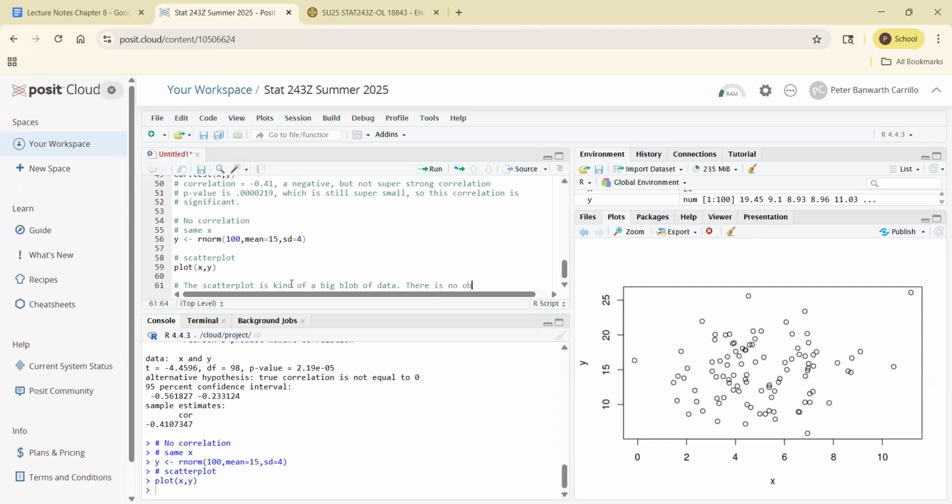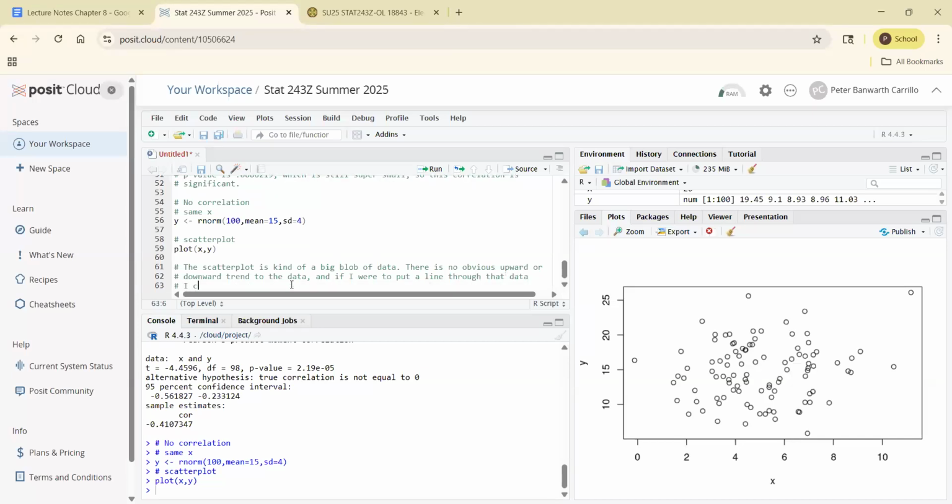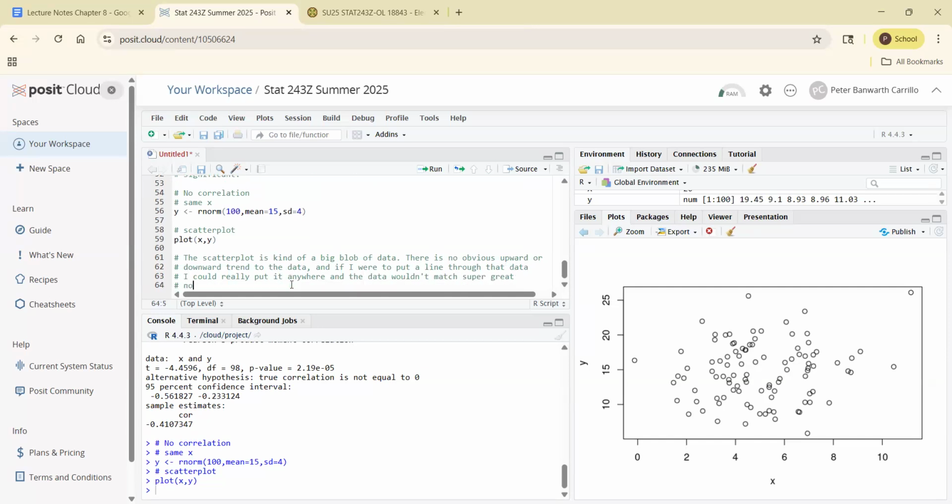There is no obvious upward or downward trend to the data. And if I were to put a line through that data, I could really put it anywhere and the data wouldn't match super great no matter what.